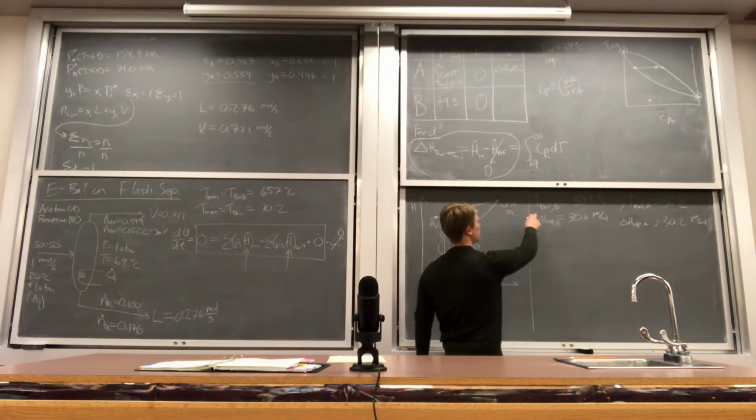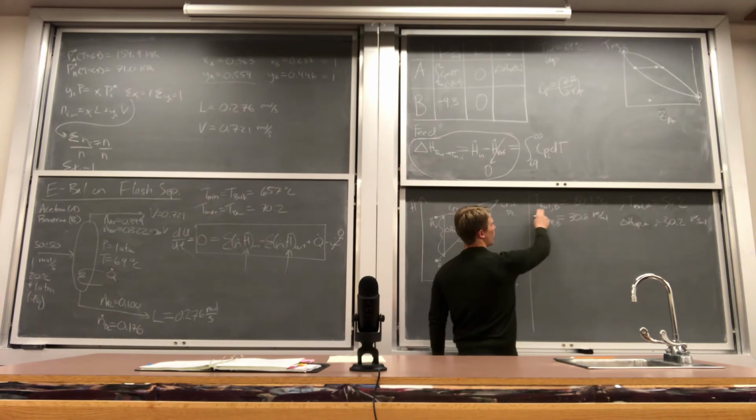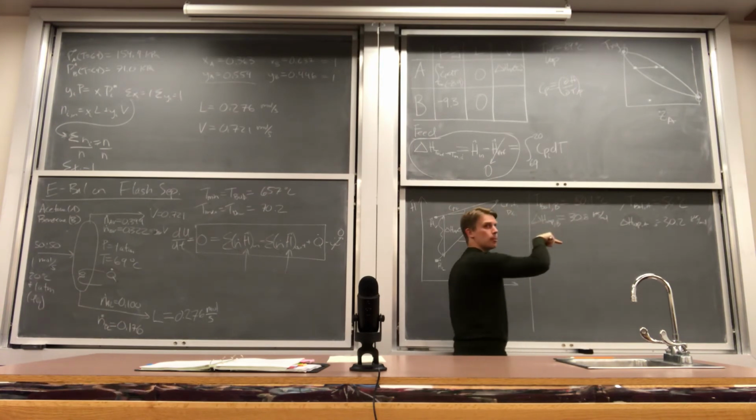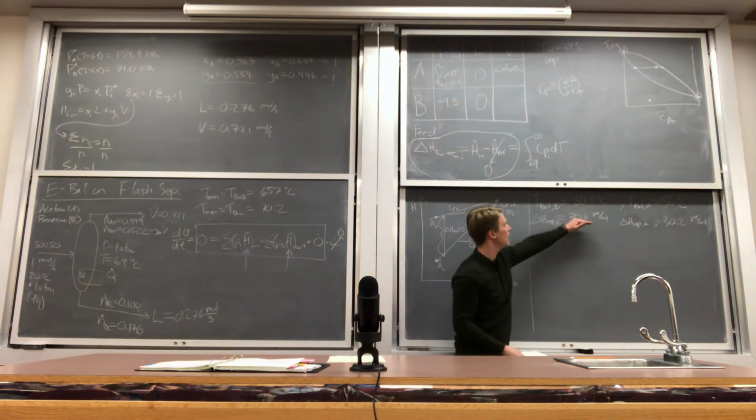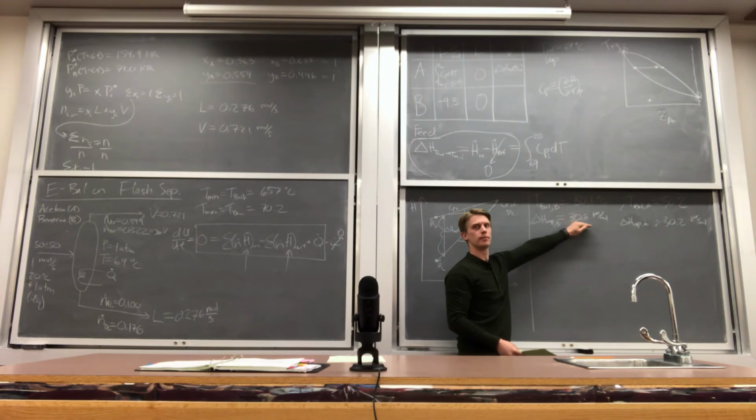So in the case of benzene, we're boiling it at a lower temperature than what it normally wants to boil at. So is this number going to be higher or lower in our energy balance? Lower. Higher? All those in favor of lower. All those in favor of higher.